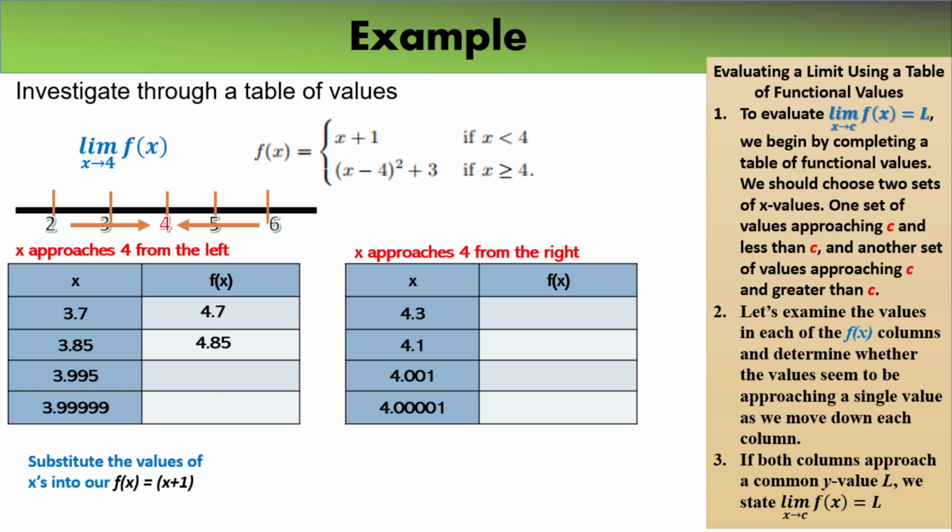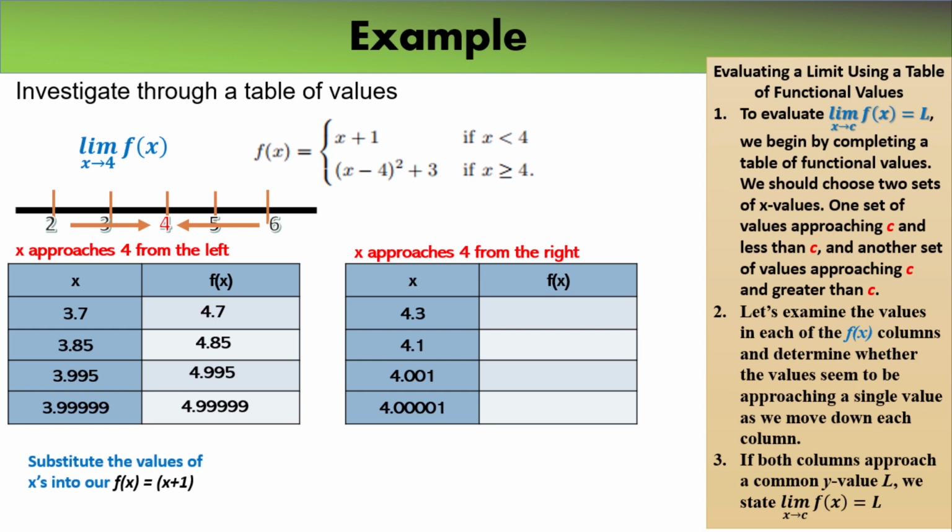If x is 3.85, f of x natin ay 4.85. If x is 3.995, f of x natin ay 4.995. If x is 3.99999, ang f of x natin ay 4.99999. So let us now try to complete the table as x approaches 4 from the right.